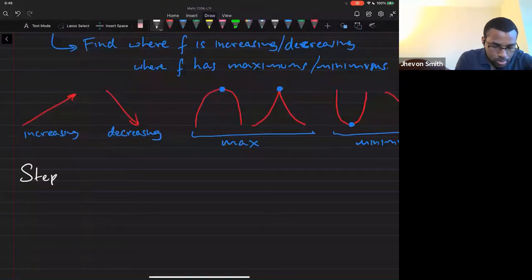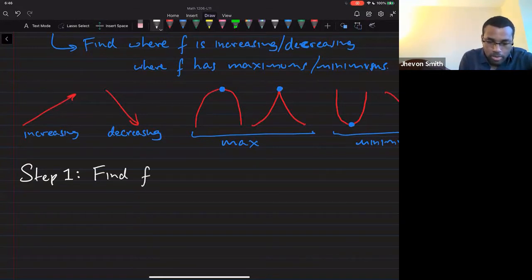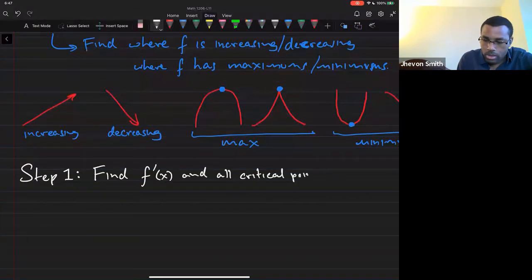Step one. It's called the first derivative test, so you would think that you would need to find the first derivative at some point in the test, and you do. It's the first thing you would find. So you would first find f prime of x and all critical points of f.